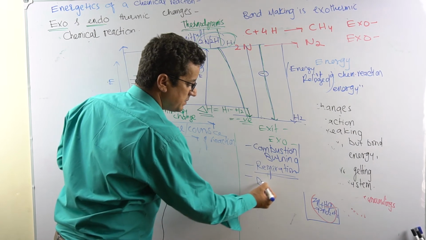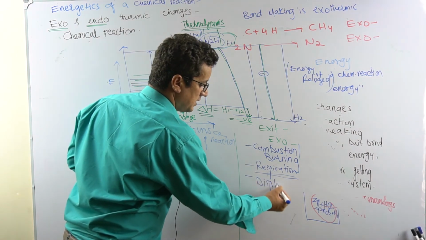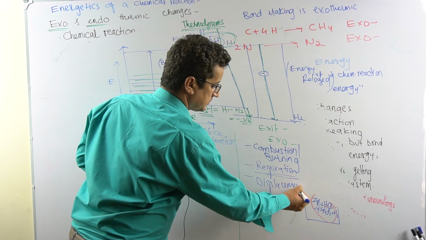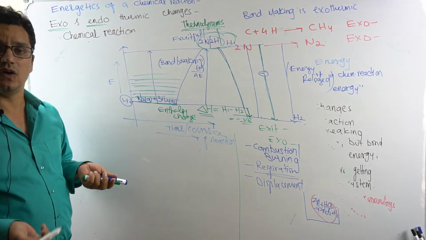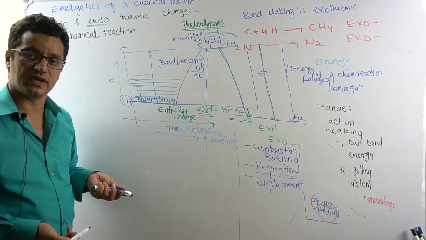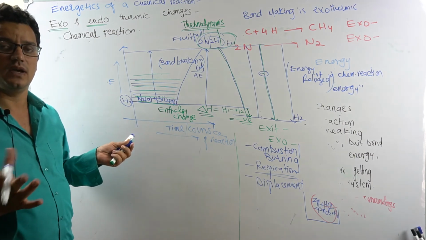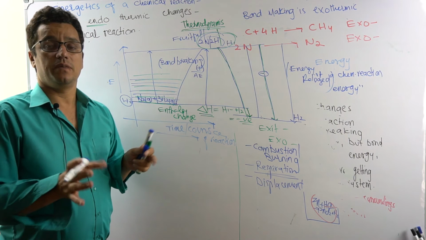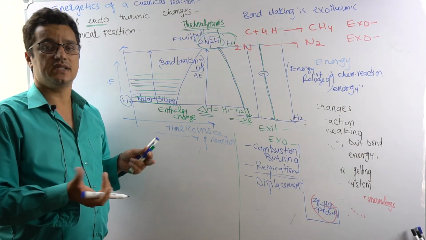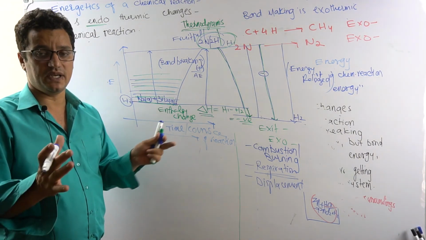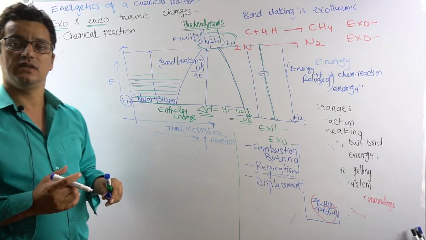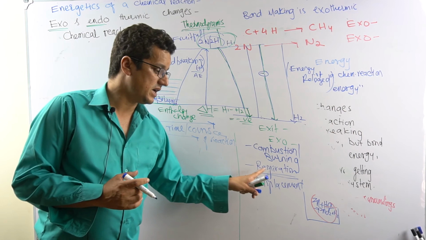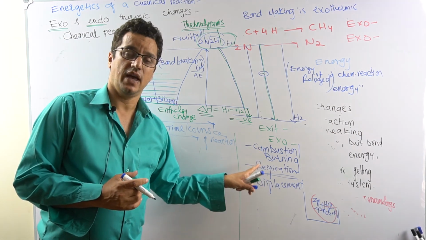Then with displacement reactions, some facts to keep in mind. In displacement, a more reactive metal displaces a less reactive metal. Always you will find an exothermic reaction. The beaker is getting warm. A zinc rod placed into a copper sulfate solution, zinc sulfate forms and copper separates out, but the beaker gets warm. The fact is, it is an exothermic reaction. But combustion and respiration are the most common exothermic reactions.